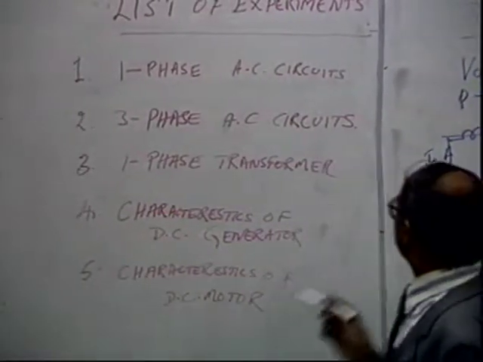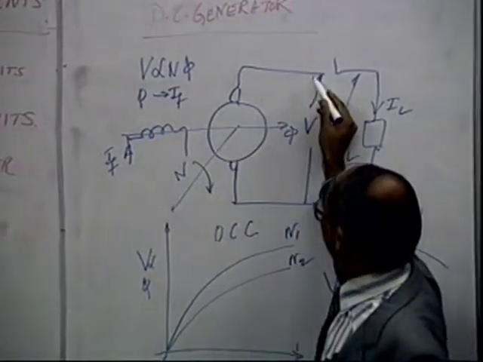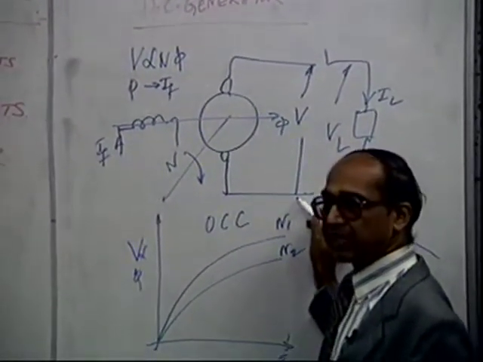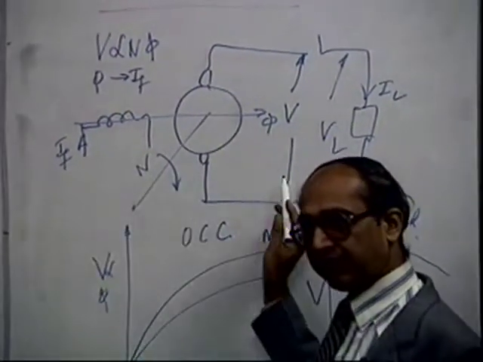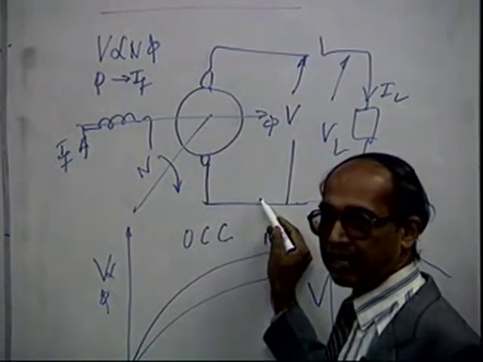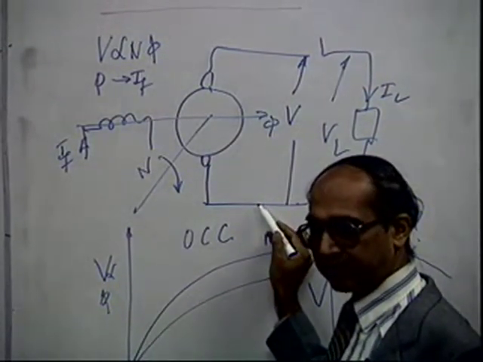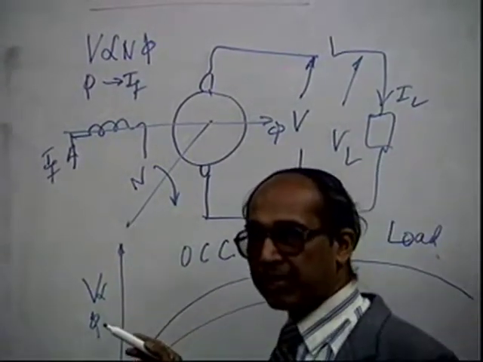Of course, this field current can be given by an external source, or it can even be connected to the same source, in which case it becomes self-excited. Whether separately excited or self-excited, you normally connect the field winding mostly across the armature, which is called shunt excited. In that case, to start with, you require some residual magnetism.